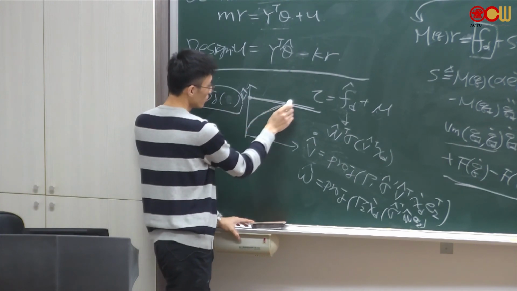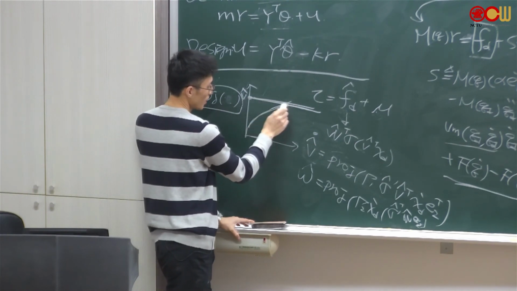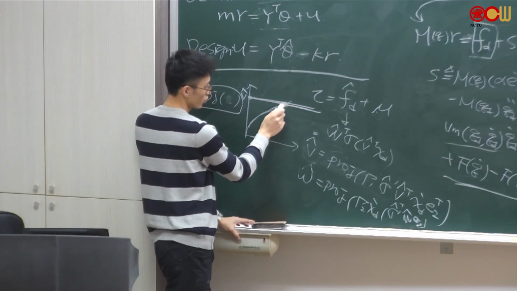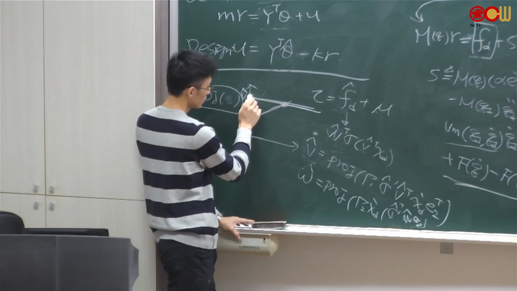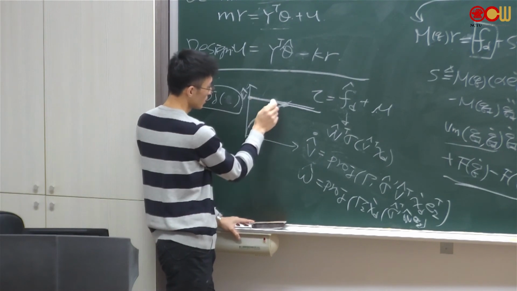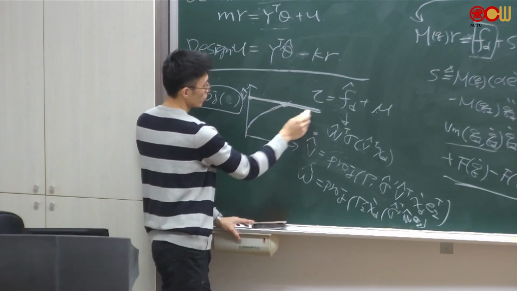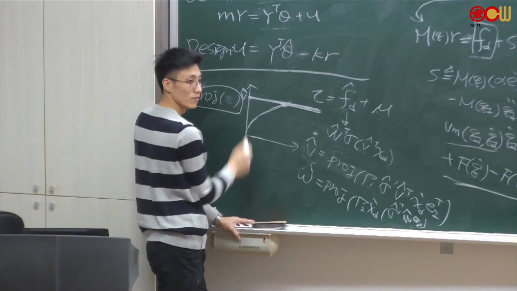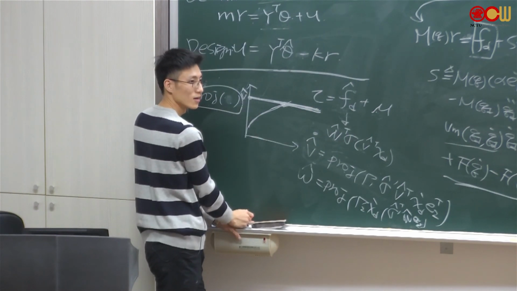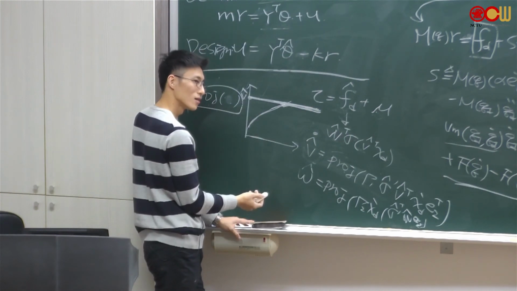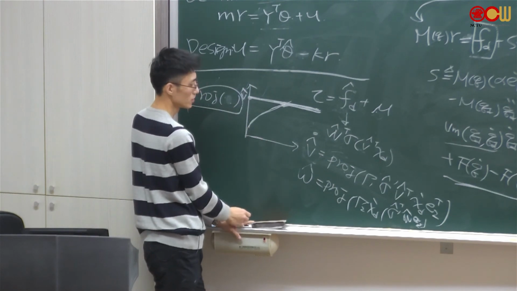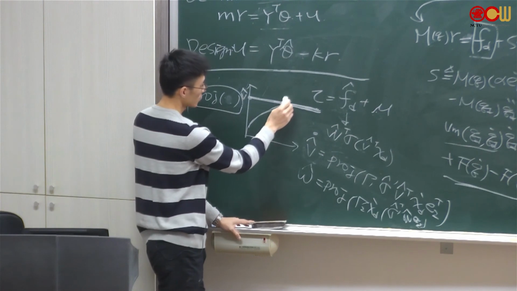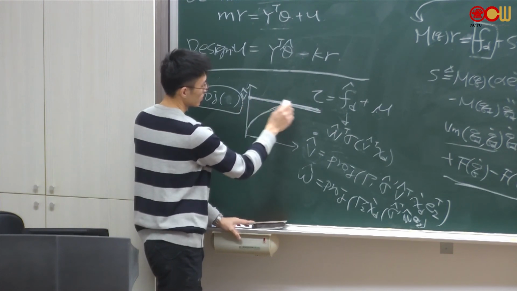If V hat is on the threshold and tries to go beyond it, you will keep V hat at this value, which is the maximum value for V hat. It is the upper bound for V hat. You don't let V hat keep increasing. So you project the value back to this boundary.